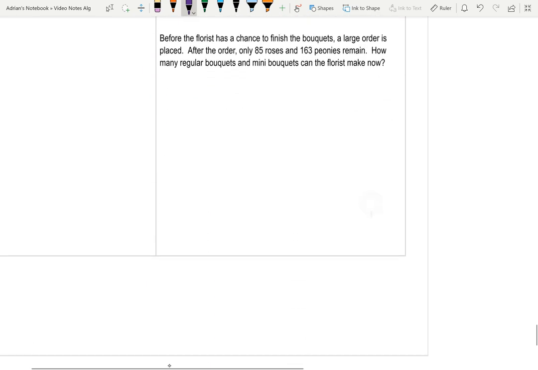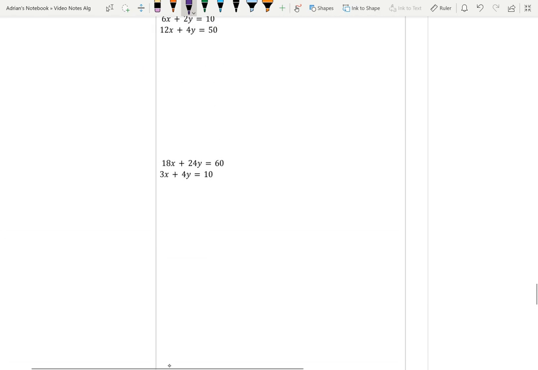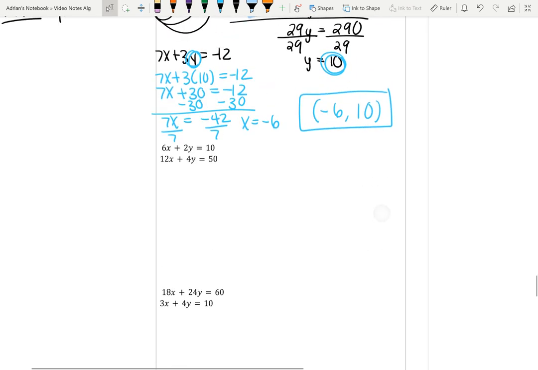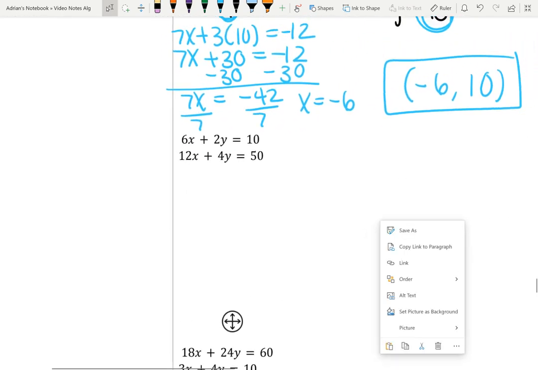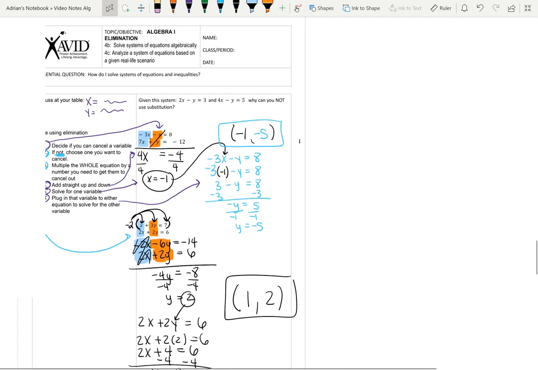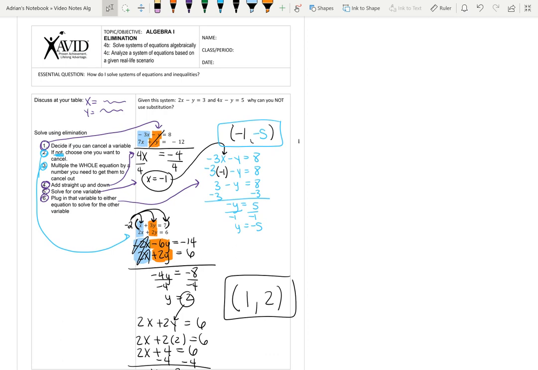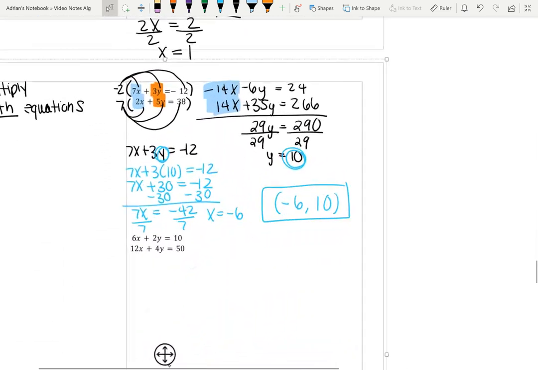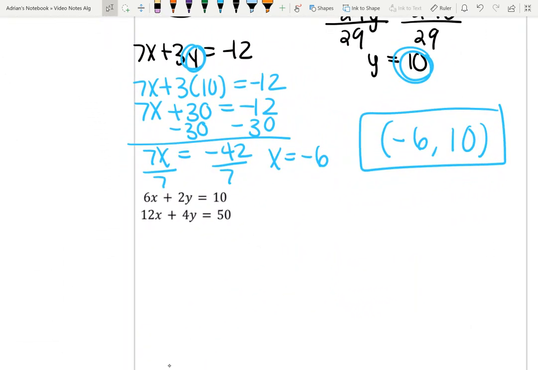Okay, we have 2 more here and then 2 word problems. If you need to reference back to these steps at the top, you can. So I'm going to decide, can I cancel a variable? Looking at this one right here, 6 and 12 do not become 0. 2 and 4 do not become 0. So I need to choose one to cancel.